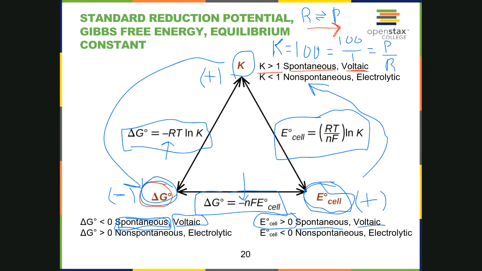You can see that if we take everything before the K, I'm sorry, and rolled it all together, it would be a function, but it would not change the sign of K. So a positive cell potential is going to go with a positive value for K. So take home here: spontaneous, negative Gibbs free energy, positive cell potential, positive value for K, and it needs to be greater than 1.